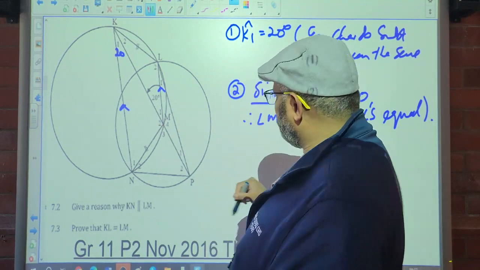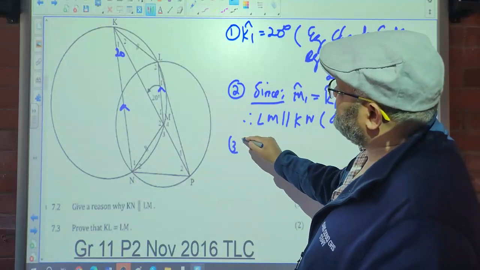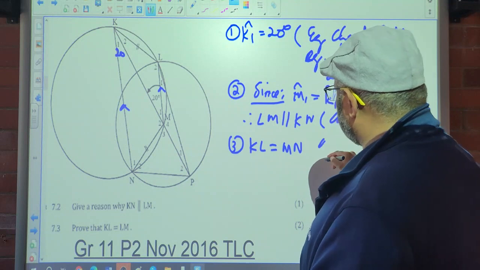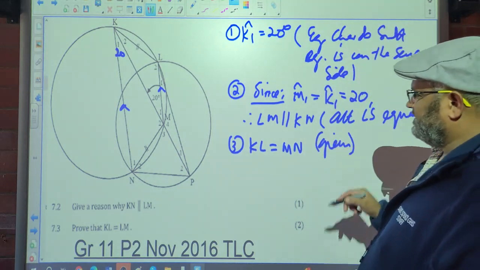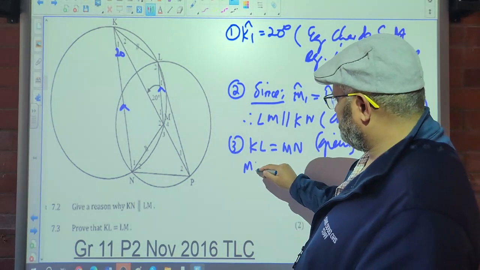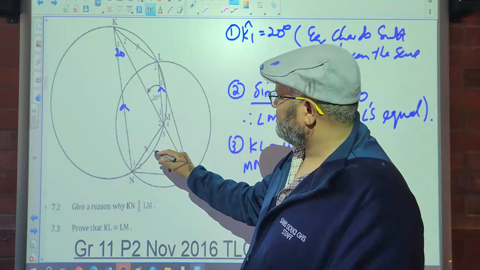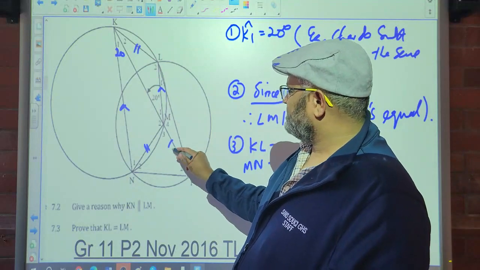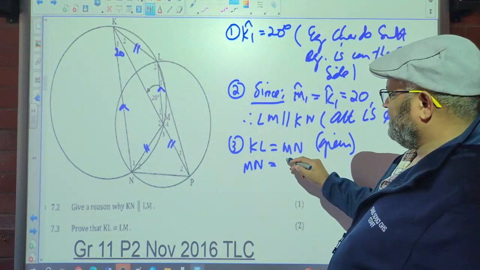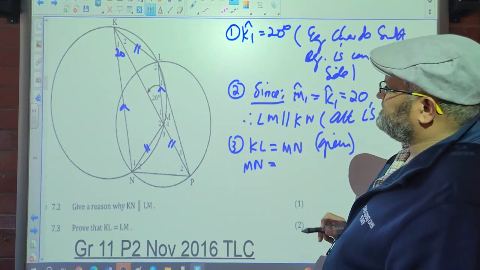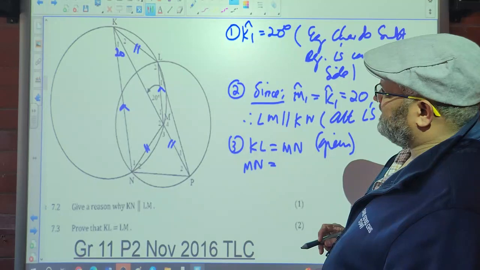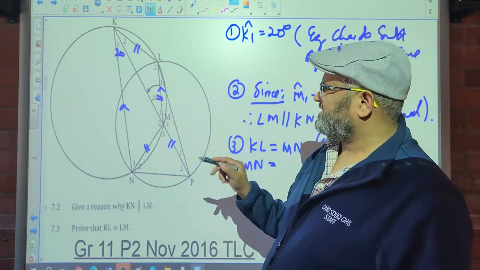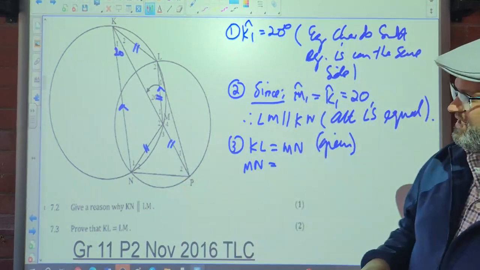So firstly, we know that KL is equal to MN, that was given to us. But MN, with 2 markings there, is equal to PM and ML. I don't need to say PM, but I'll just pick it up one time, otherwise I would need to say it later again.